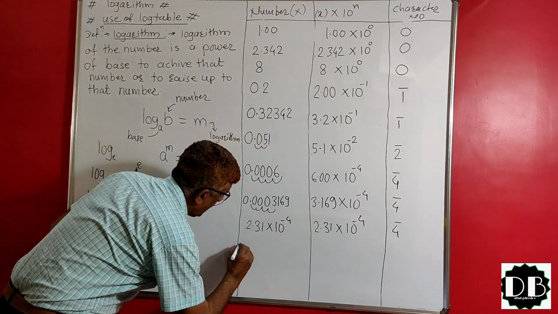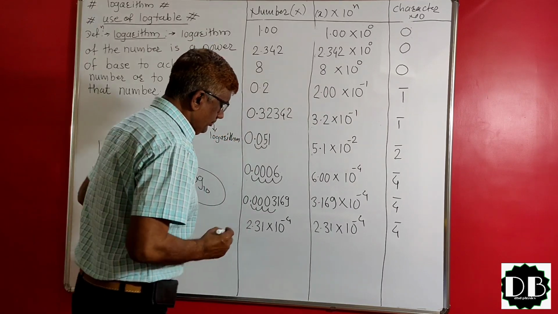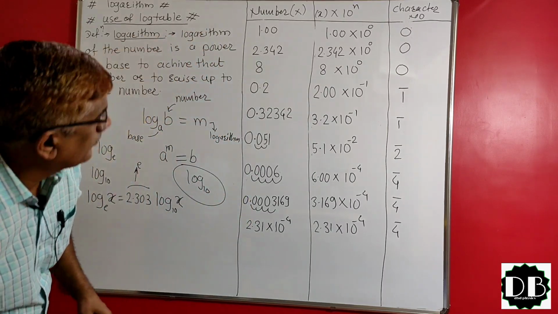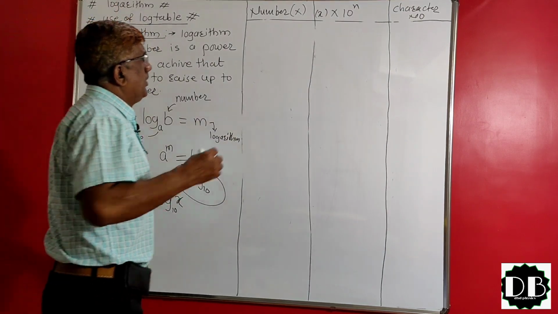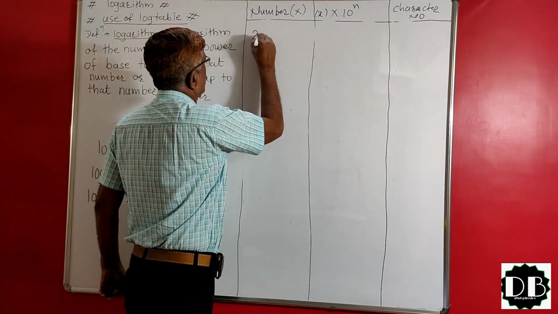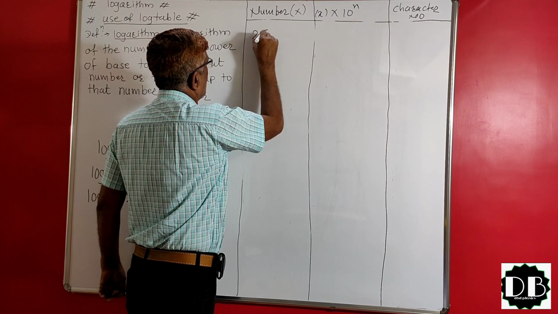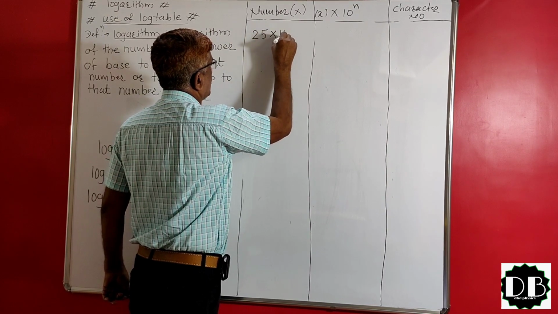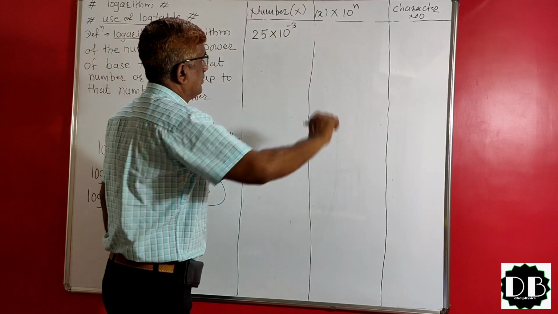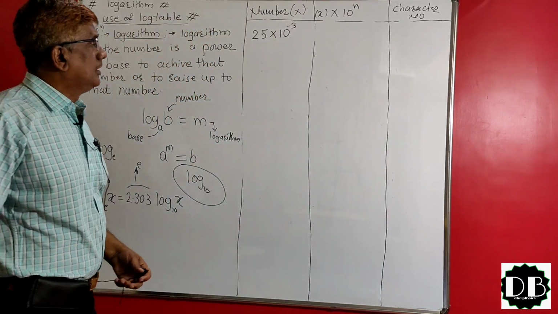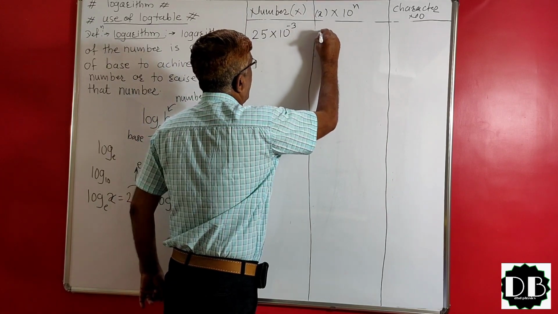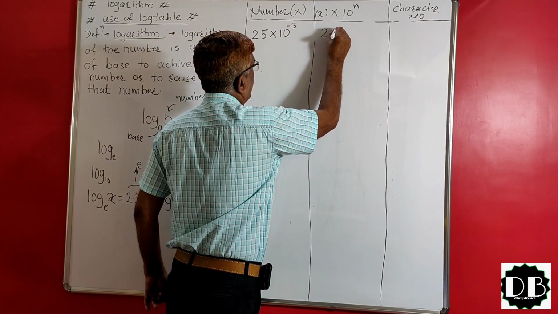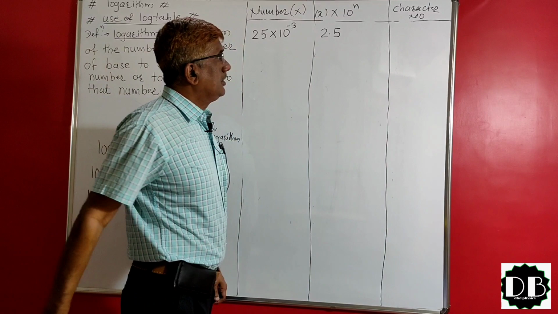Or we have the number, just wait, I think you understand it. If we have already the number like this, 25 into 10 raised to minus 3, how do we convert it into the exponential form? 2.5, mind well, 2.5.